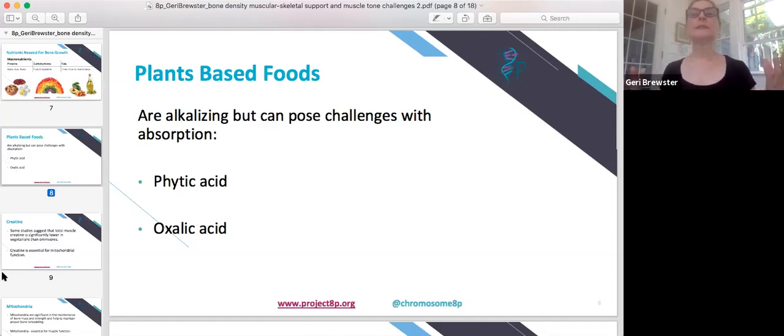Now, because the blood doesn't like to be acid, it likes to be neutral, it's going to say, oh, where can we grab some calcium to neutralize our blood and keep our blood pH in a better place? We're going to grab it from this great source of calcium we have stored in the body, in the bones.